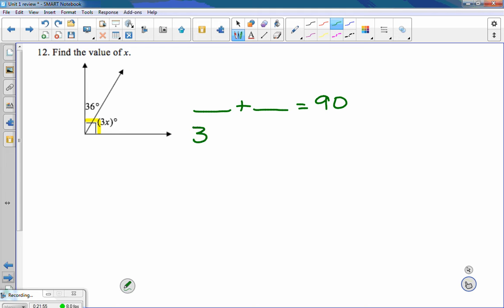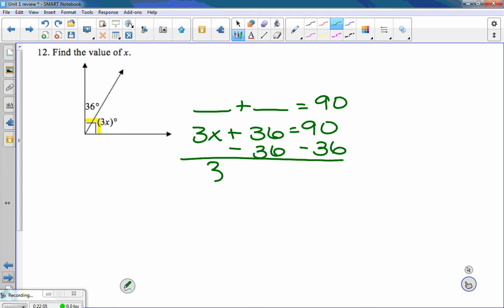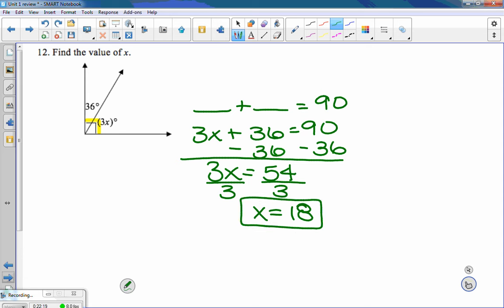So 3x plus 36 is equal to 90. Subtract 36. 3x is equal to 54. Divide by 3. X is equal to 18.